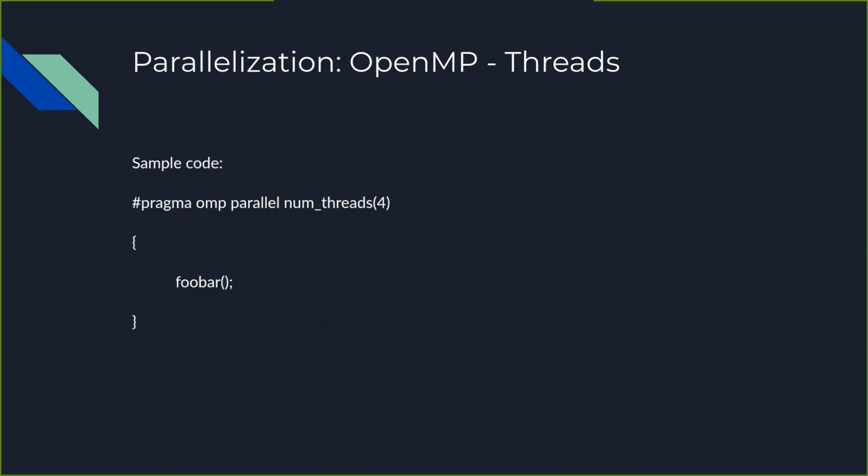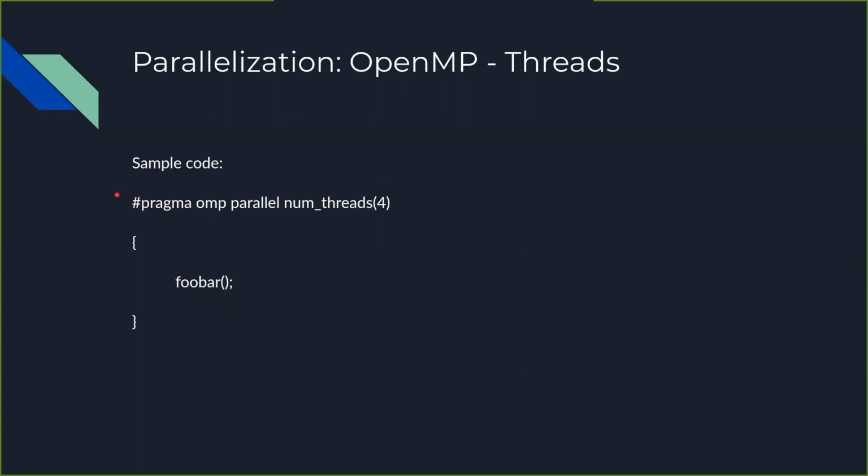So this is a simple example of what will happen if you call pragma OMP parallel num threads. You can set the number of threads via an environment variable, or you can use a construct like this to set the number of threads.